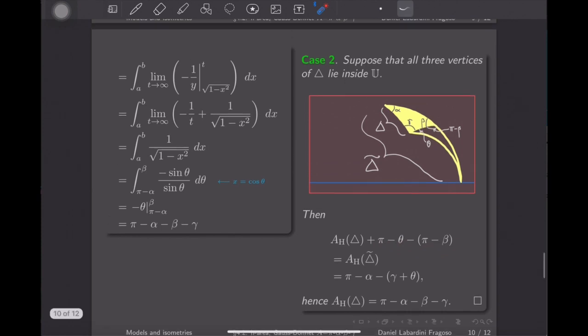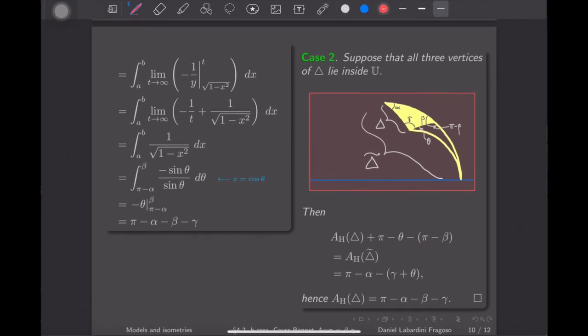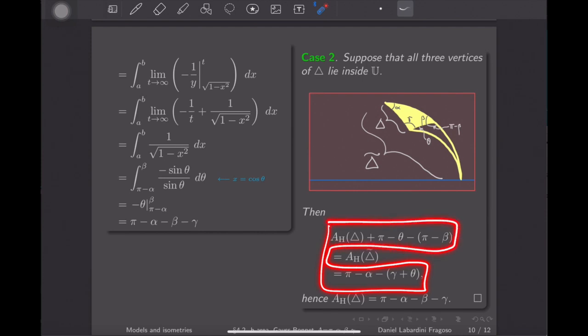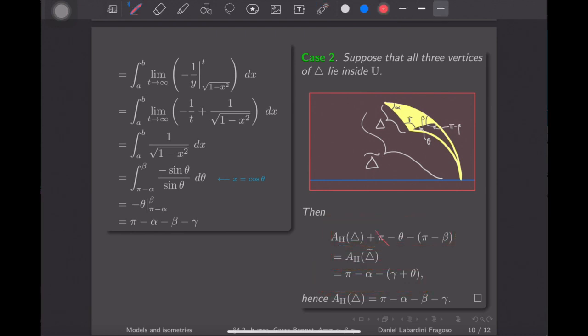Okay, so this means that when I consider this equality, this pi cancels with this pi, and then this theta, it's minus theta here, and this theta appears also with a minus, so it cancels, and then this minus beta becomes plus beta, which I can move to the other side as minus beta.